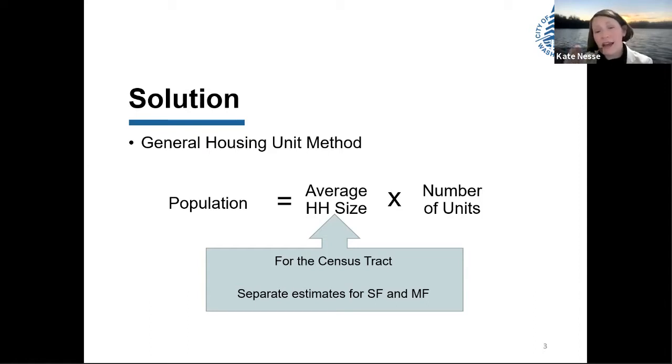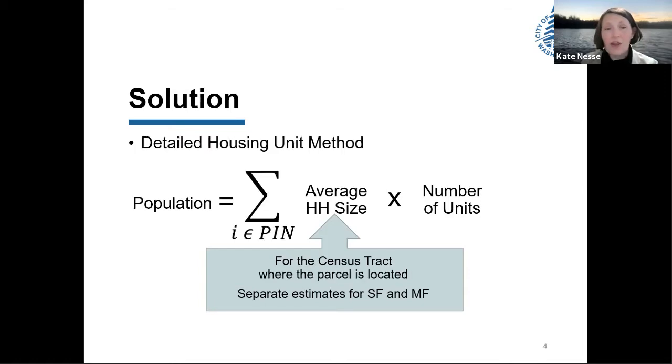You can say, okay, the average household size for single family and multifamily units, and break it down a bit more. You can get even more detailed and do the average household size at the parcel level. So you can say the number of units on this particular parcel, the average household size for the census tract where the parcel is located. You can split it up into single family and multifamily. And then if you're at the parcel, you can build that up to larger areas like a neighborhood or other areas.